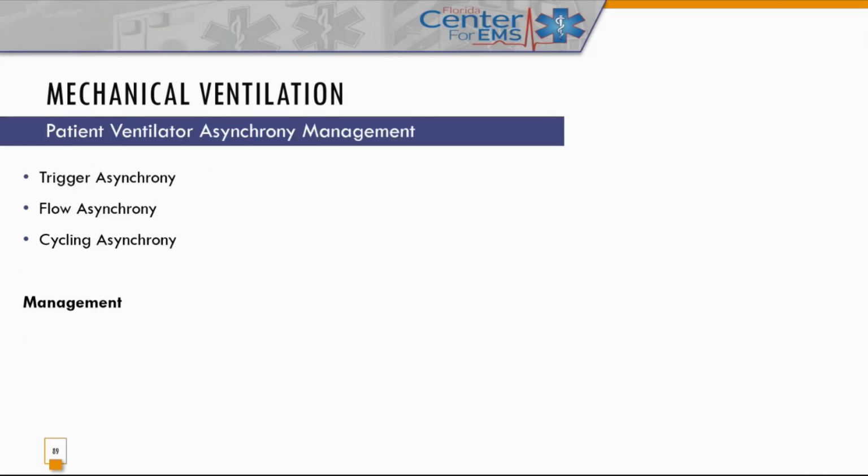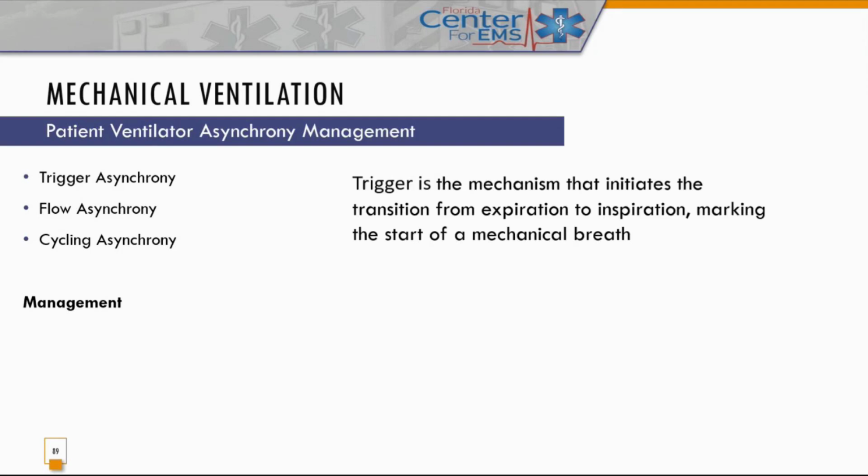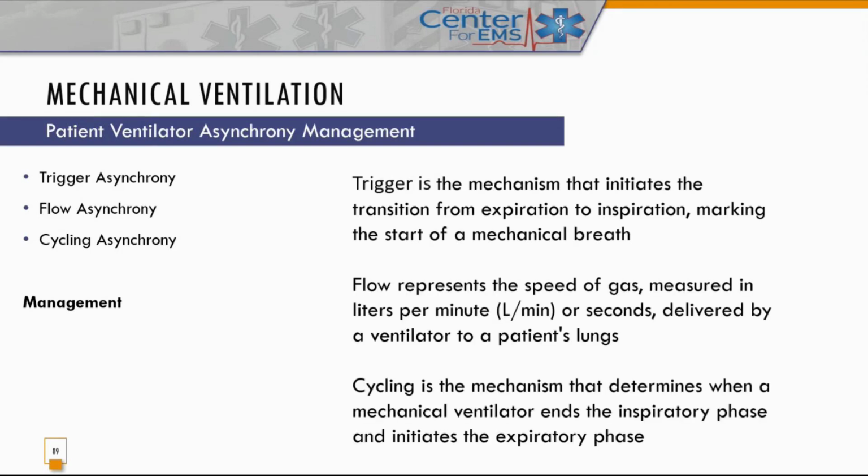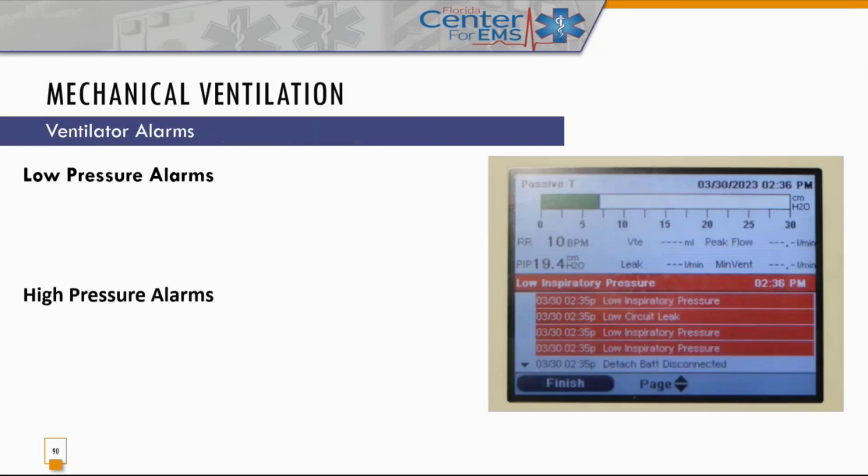So for patient-ventilator synchrony, we want to make it where they don't have to add more breaths. They don't have to trigger it because we don't have it timed right, or we don't have the flow right, or it's not cycling fast enough between expiratory and inspiratory. So, some of the management, I wanted to get to that. I've already mentioned those three categories.